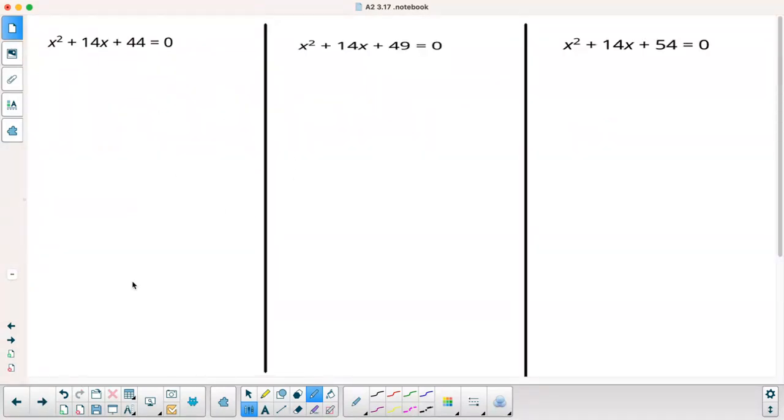All right, so if you look here, these are all the same. The only difference is this number here, okay? So we're going to see what happens here. Move it over. So I'm going to kind of do all three of these simultaneously.